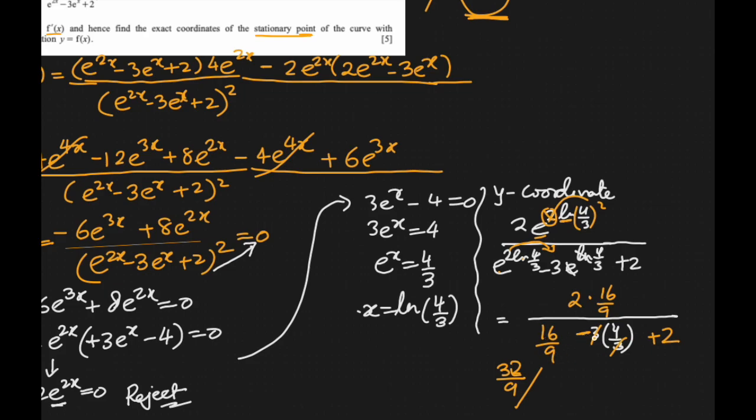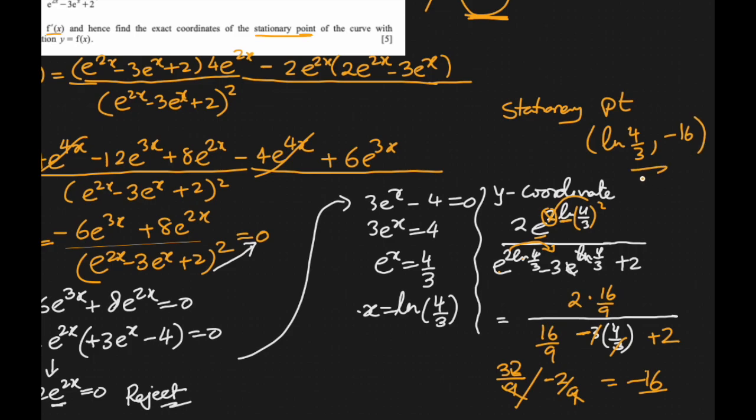So 16 minus 18 will be minus 2 over 9. Both of them have the same denominator, cancel out. 32 divided by minus 2 is minus 16. So finally, our stationary point, the coordinates are x is natural log 4 over 3 and the y coordinate came out to be minus 16. This is the point.